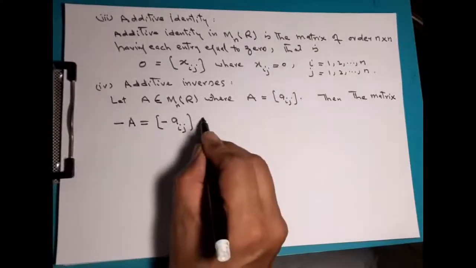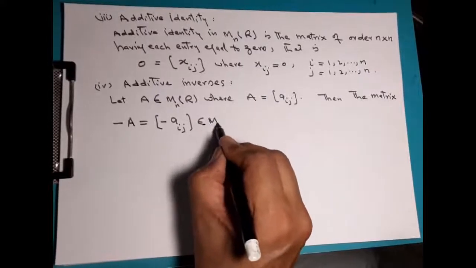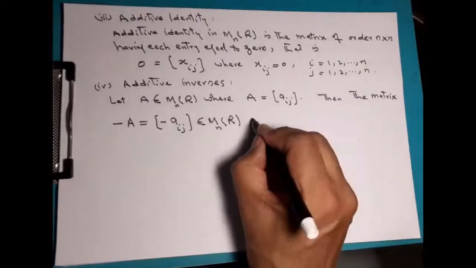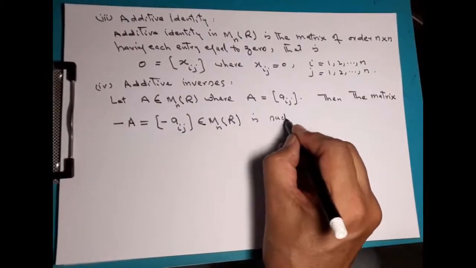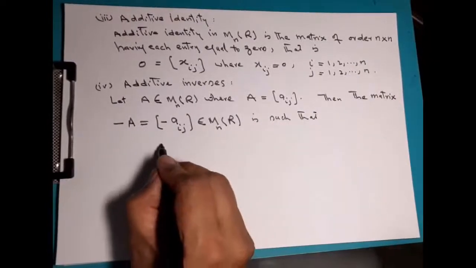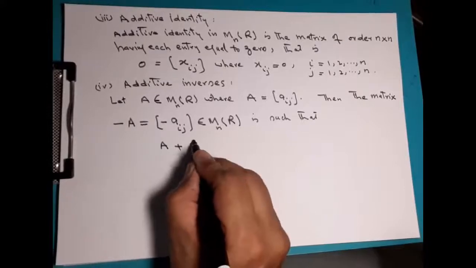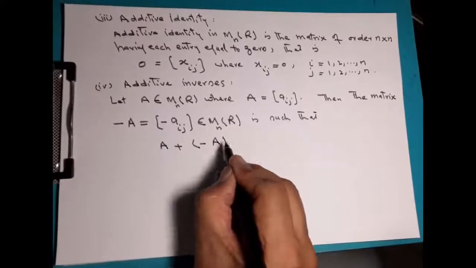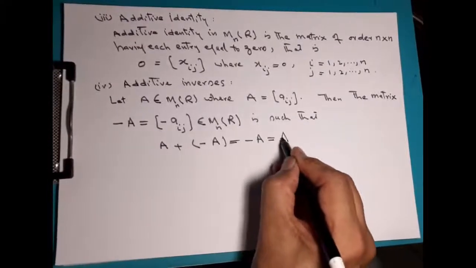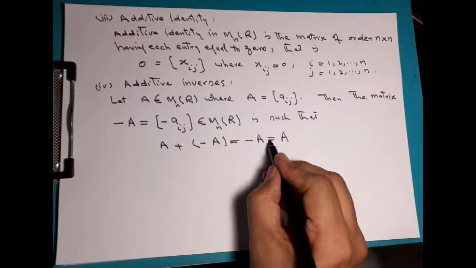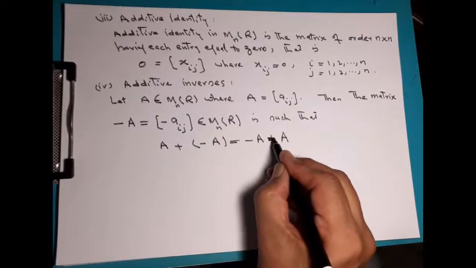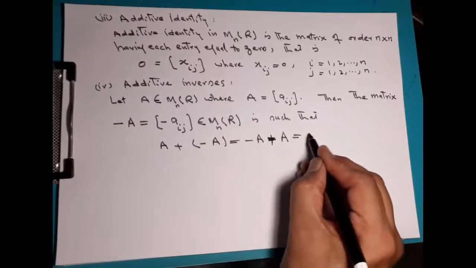Then this particular matrix belongs to this particular set MnR. So this matrix is such that if you add A with this matrix minus A, or you add minus A with this matrix A, result will be equal to the 0 matrix, and you can check it very easily.